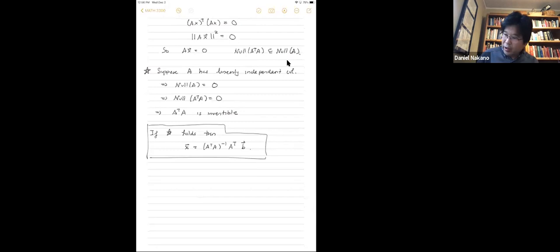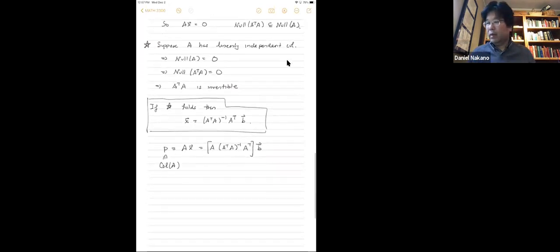So what is the projection? The projection is going to be equal to A times X. Remember, this point is in the column space of A, and it is the closest point to B. So I'll just multiply both sides, and I get A times A transpose A inverse A transpose times B.